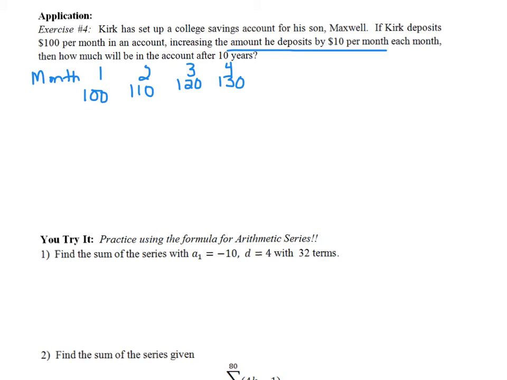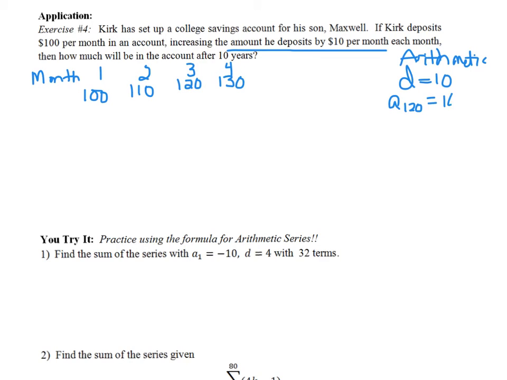Well, we want to know what happens after 10 years. So we see that this is an arithmetic sequence with our value of d being equal to 10. Since we want 10 years and he's going by month, we have to find the 120th term, 12 months each year.